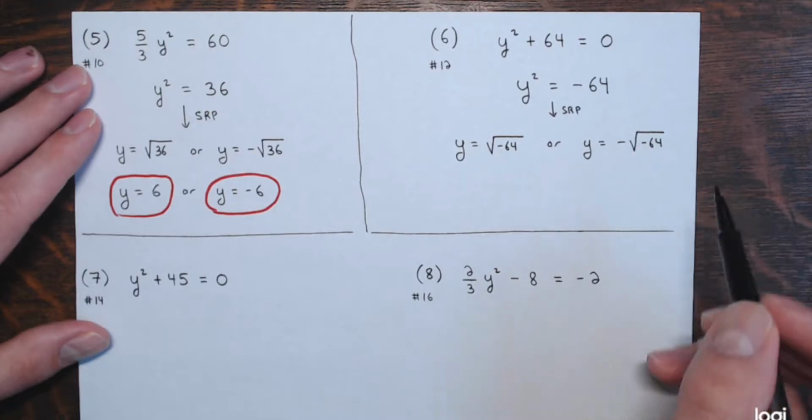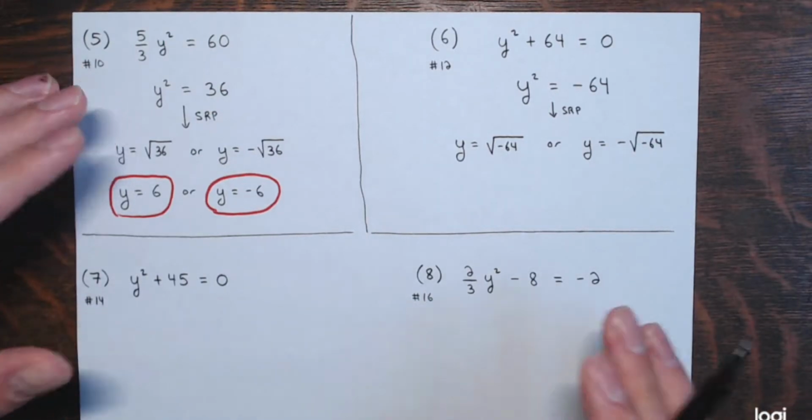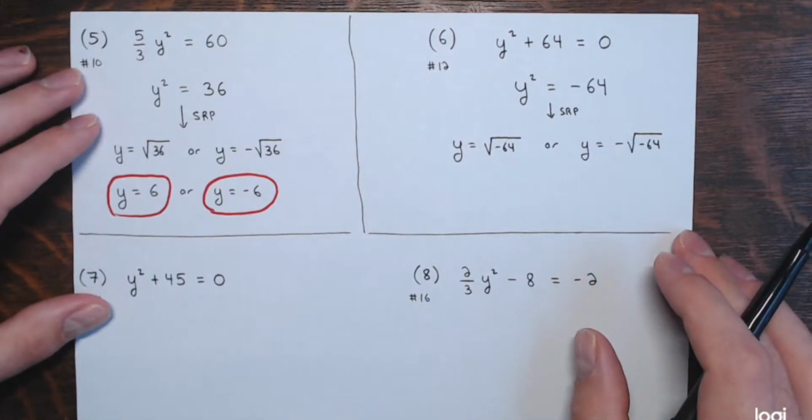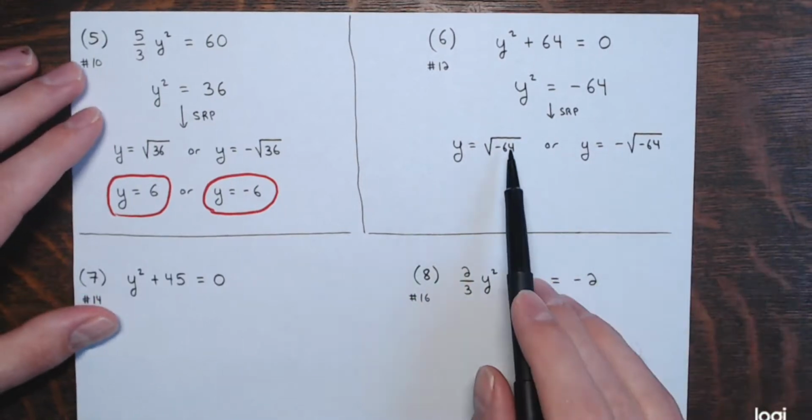Now here's the difference between questions 1 through 5 and question 6. Here we have the square root of a negative number. I hope you remember how to simplify these. This was done in previous videos.